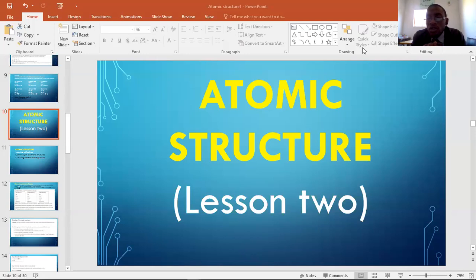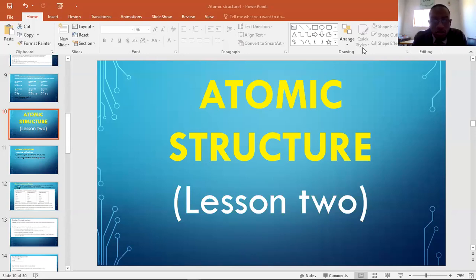So we'll continue looking at our series on the atomic structure. Previously, we looked at the atom, the parts of an atom, three fundamental particles of an atom, the characteristics of the three fundamental particles, and how to determine the protons, electrons, and neutron numbers.